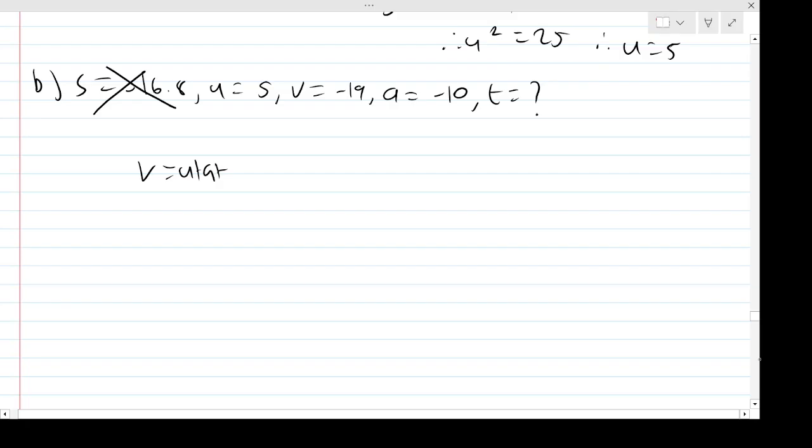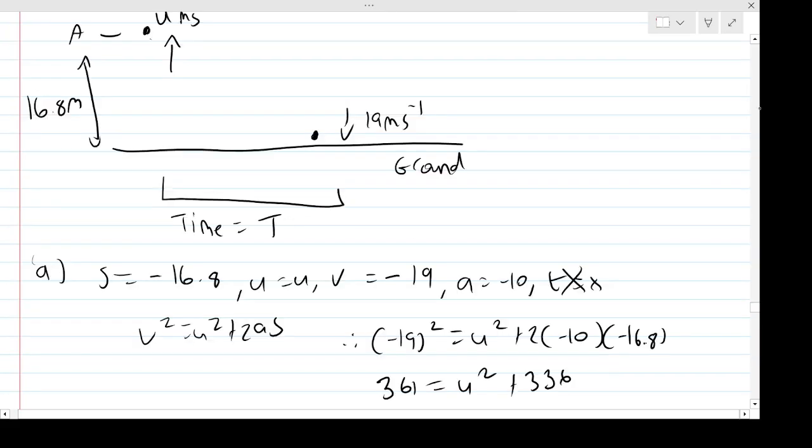So now I can say that minus 19 is going to be 5 minus 10 lots of t, okay? So therefore, if I subtract 5, I get minus 24 is minus 10t. Therefore, t is minus 24 over minus 10, which is 2.4. And so there we are. That is 2.4 seconds there.